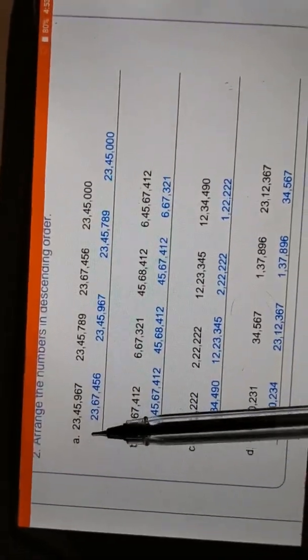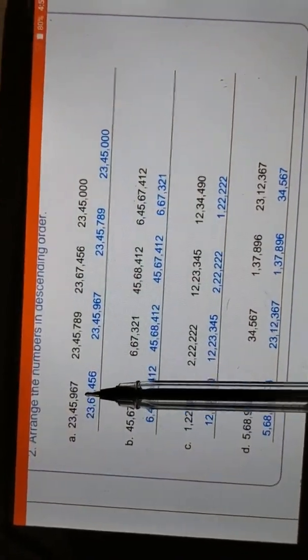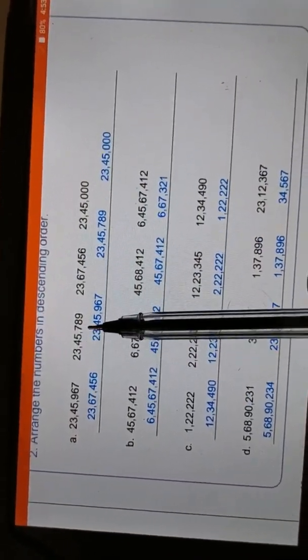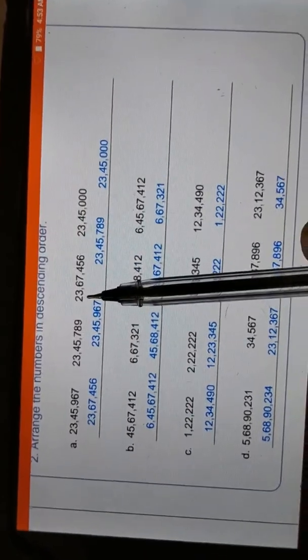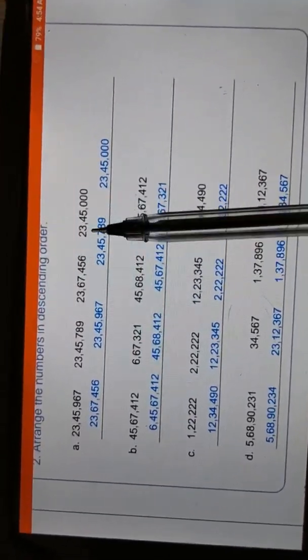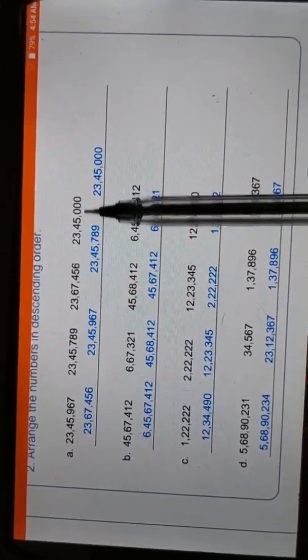23 lakhs 44,967, 23 lakhs 45,789, 23 lakhs 67,456, 23 lakhs 45,000.